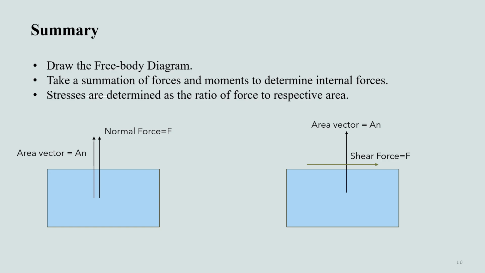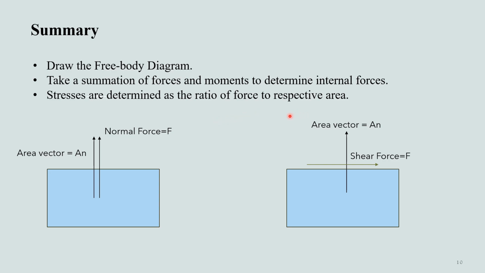Then take a summation of the forces and moments to determine the internal forces at that particular location where you need to determine the stresses. The final step is that the stresses are determined as the ratio of the force to the respective area.